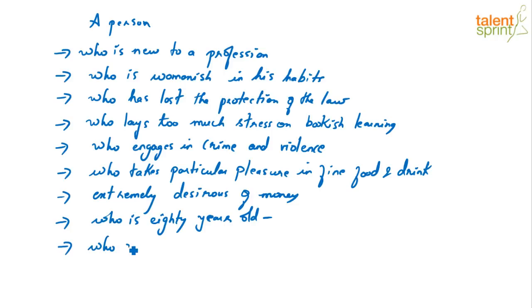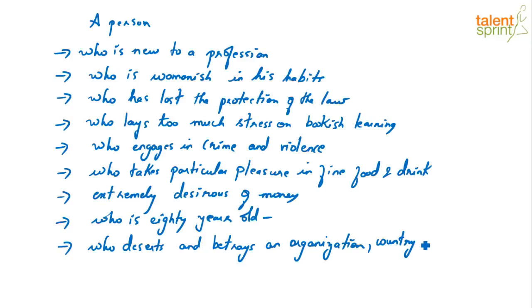Somebody who deserts and betrays an organization, either an organization, a country, or a set of principles. Okay? So just to name a few, I've listed, there's a lot more like this.